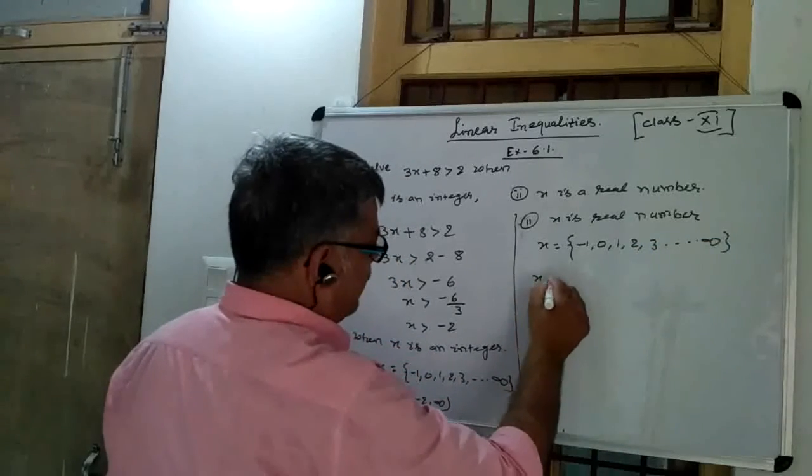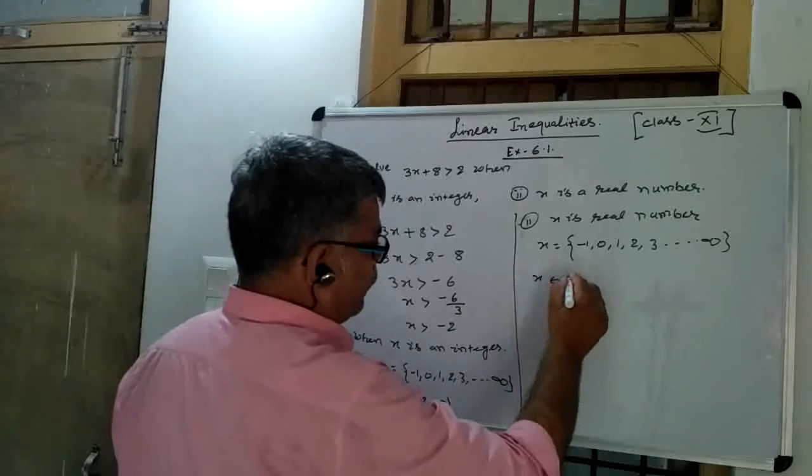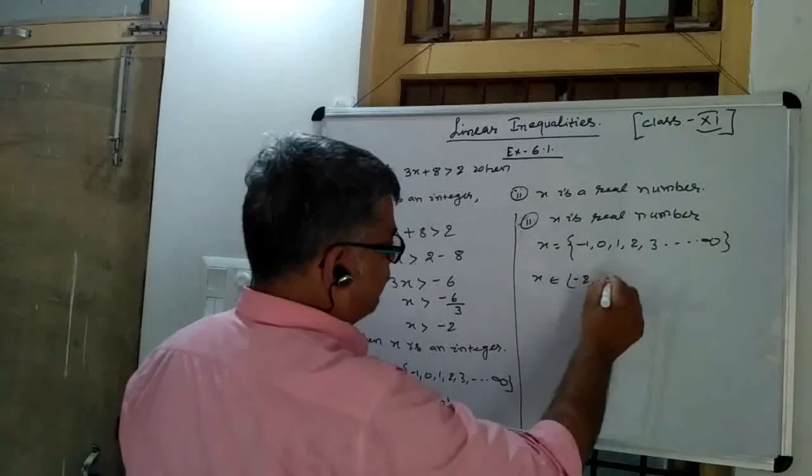It means that you can write x belongs to the same, minus 2 to infinity.